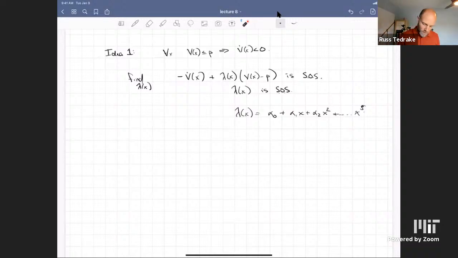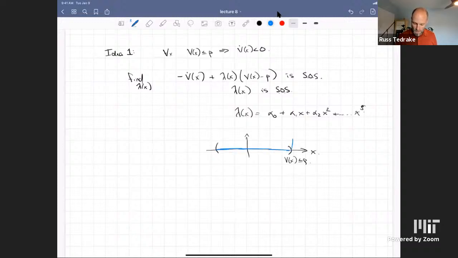Right, the ideal thing that this term would contribute would be, if I were to just think about the line here, just x, and think about some interval where v of x is less than rho, the ideal thing would be that this term would contribute absolutely nothing inside there, and then a lot outside there.